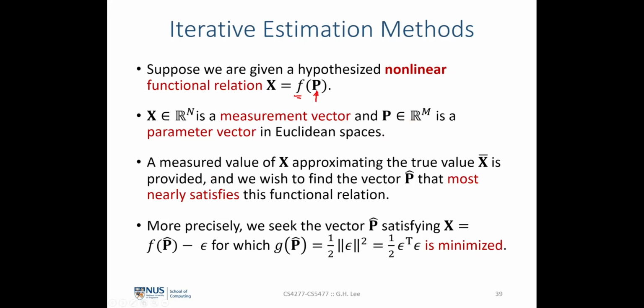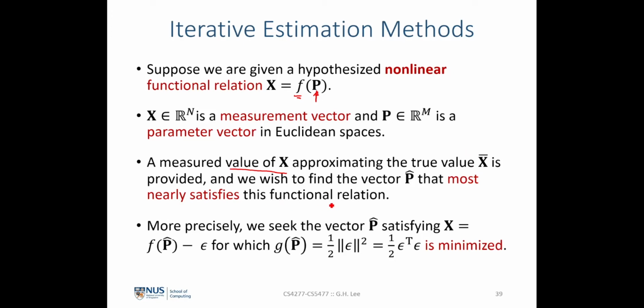A measured value of x approximating the true value x bar is provided. So what this means is that we can measure the value of x that approximates a true value denoted by x bar. And we wish to find the vector p hat that most satisfies this functional relation.